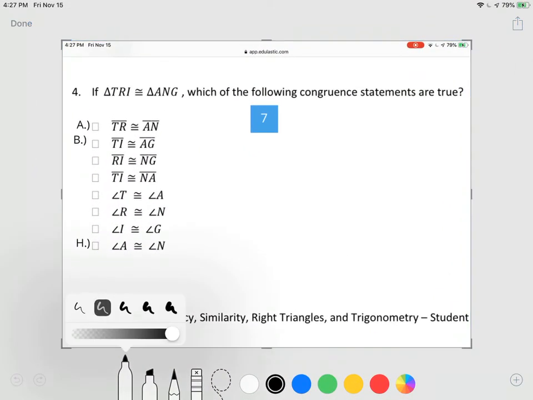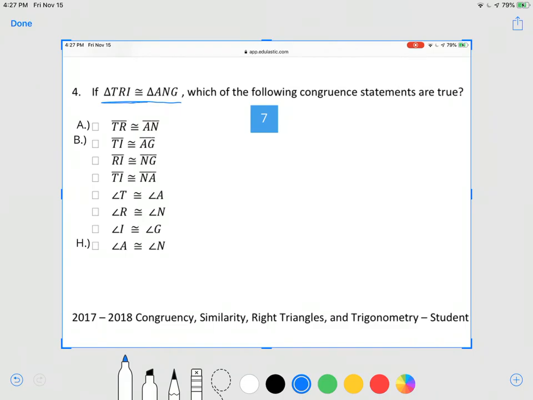All right, so again, this is testing you on the fact that these congruent statements can't just be written any possible way you want. It has to be that the first angle corresponds to the first one here, the second with the second, and the third with the third. So option A is claiming that TR is congruent to AN.